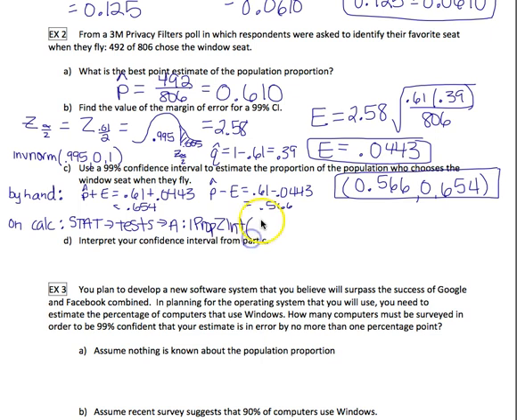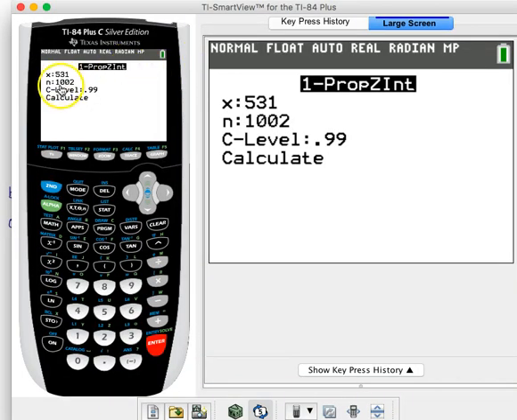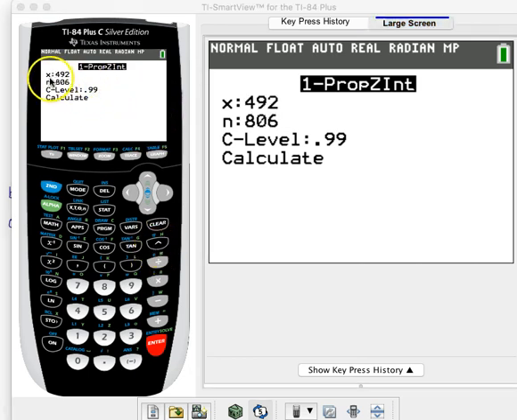And then what we are going to input now is what it's asked me for. X, remember, is our total number of successes. N is our total sample size. So 492 out of 806.